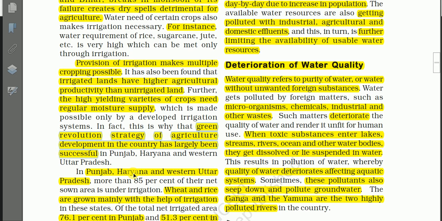Canal irrigation as well as wells and tube well irrigation are provided in these states, and that is why the green revolution has been successful in these regions of India.